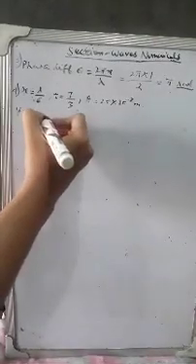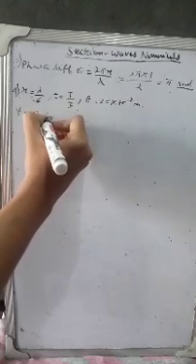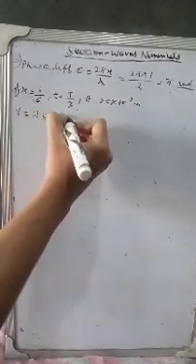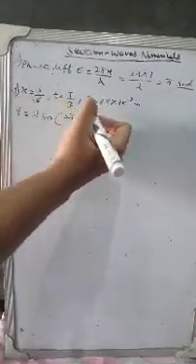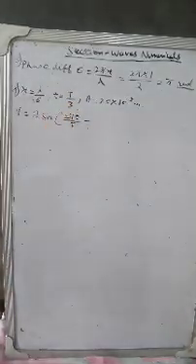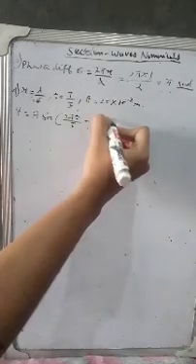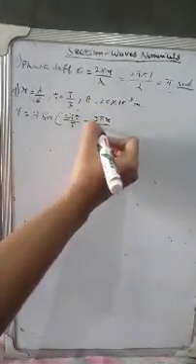So I am choosing this: y equals A sine 2 pi small t by big T minus 2 pi x by lambda.